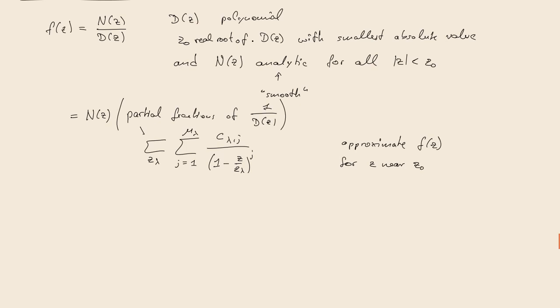If we have a root of d of z, that means this function has a problem at these roots, because then we divide by 0, right? Such points are called poles in that case, and they are a form of singularities.